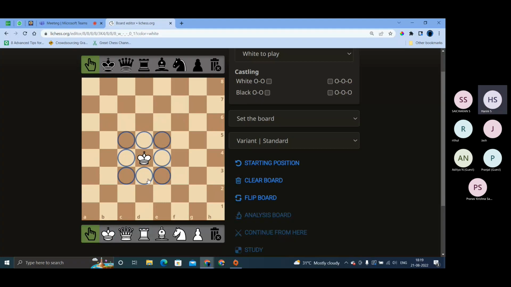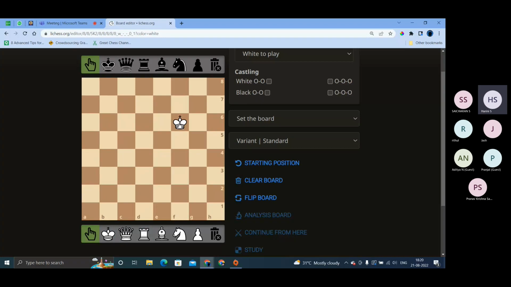Okay, we will do a small exercise. First I will do, then I will ask you questions. So the king is on d4 and I want to take this king to f6, which means this would be my first move, and this would be my second move. So this is our king move.